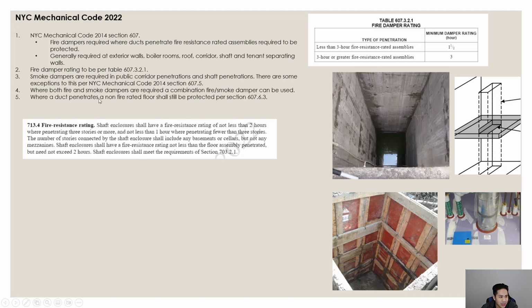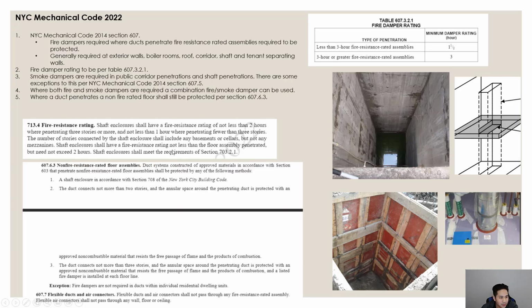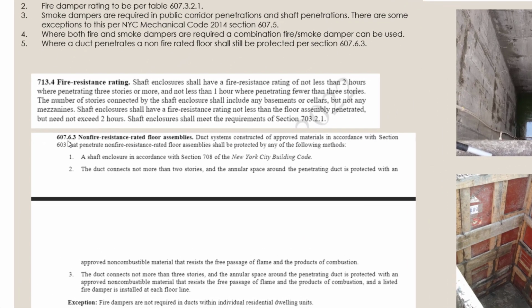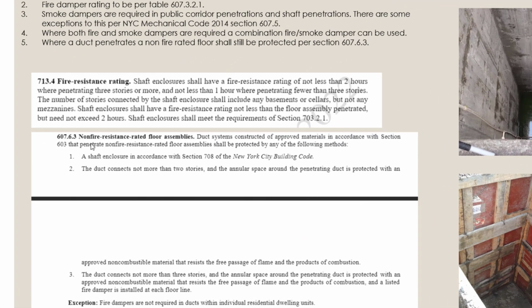Where duct penetrates a non-fire rated floor, sometimes you still need to protect those penetrations. And if you look at 607.6.3, you will see that even for non-resistance rated floor assemblies, you also need some sort of protection according to this section here.